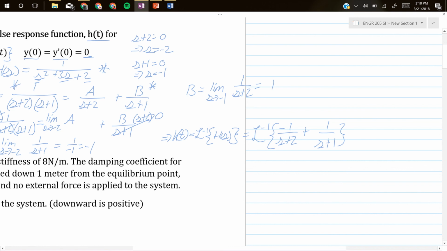And that right there will equal negative e to the negative 2t plus e to the negative t.